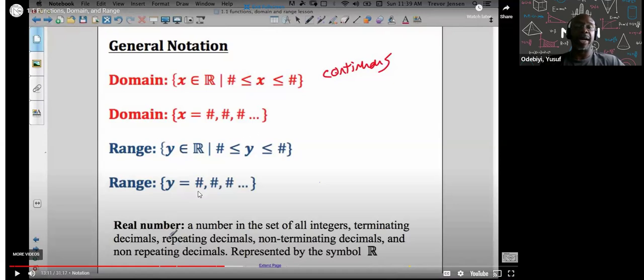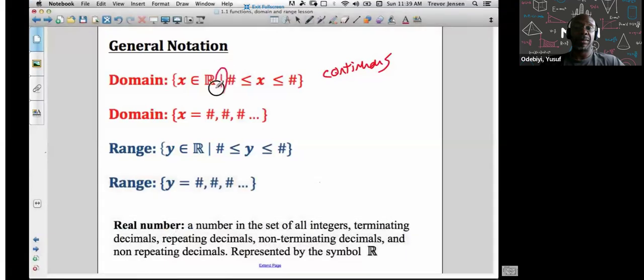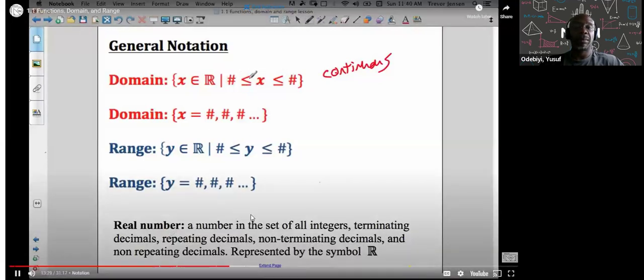Same thing for the y. Repeating decimals, non-terminating decimals. It's basically saying the function exists everywhere along the x-axis, except where we state restrictions. This sign means given that, so we're going to have to state some restrictions on the domain sometimes.